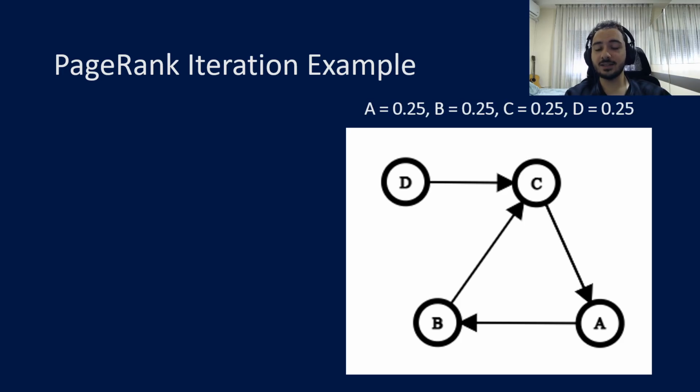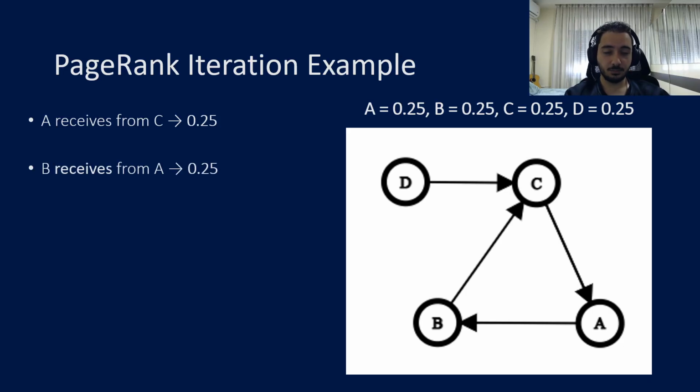Now, we begin distributing influence based on the connections between the nodes. Node A will receive its importance from node C, so A becomes 0.25. Node B receives its importance from node A, so it also becomes 0.25.